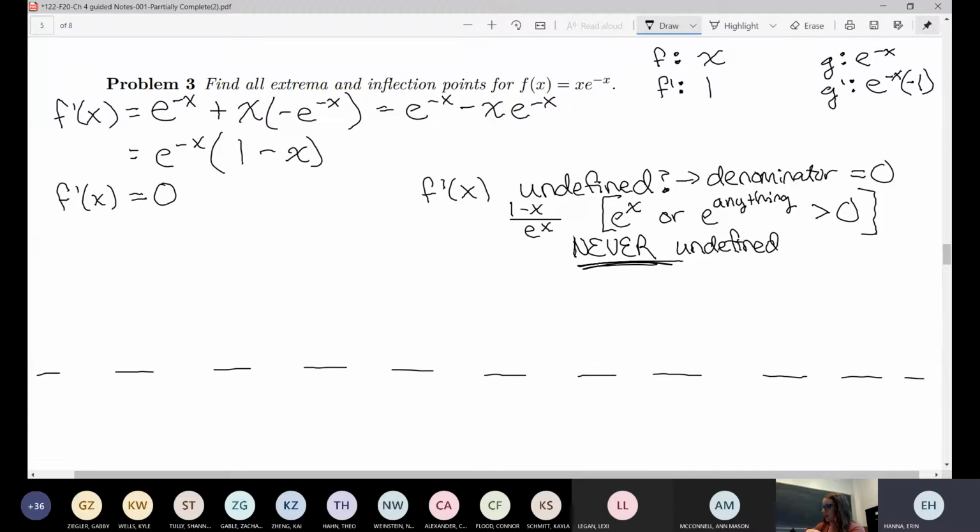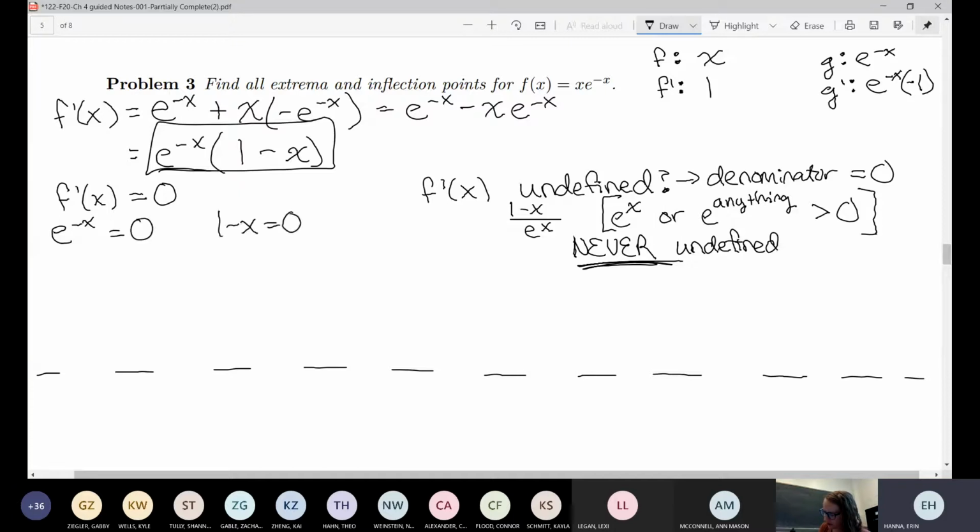Now let me jump back to the derivative equal to 0. Technically I just rewrote it as 1 minus x over e to the x, but I'm going to forget that I rewrote it like that, and consider it, just for giggles, because I want to. So here, if you still think about it as e to the negative x times 1 minus x, we have a product of things, so one of those two things must be 0.